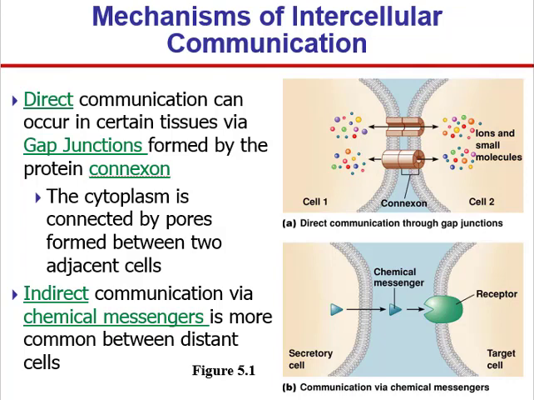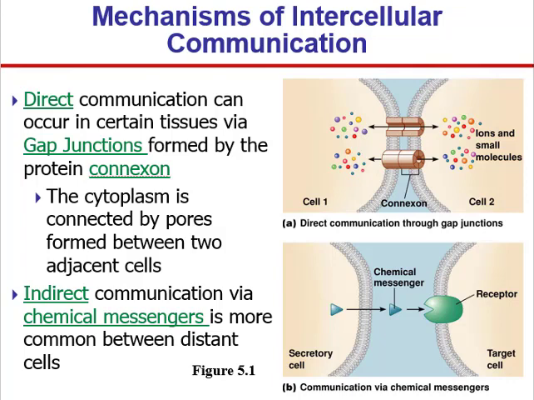But when cells aren't touching, then an indirect method is needed, and chemical messengers, called ligands, are released into the ECF compartments, also known as the interstitial fluid, and the target cell must display a protein receptor facing out into the ECF in order to hear the message from the other cell.